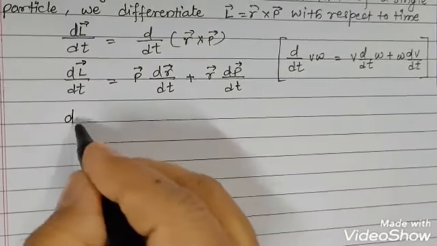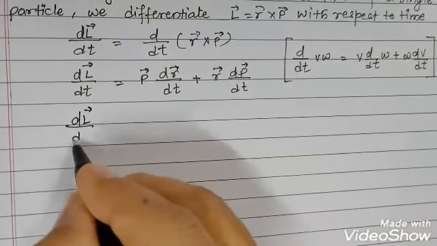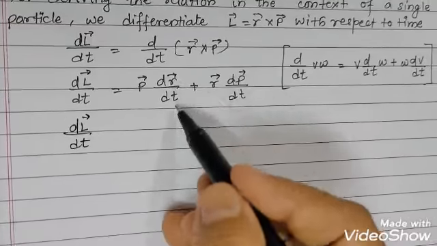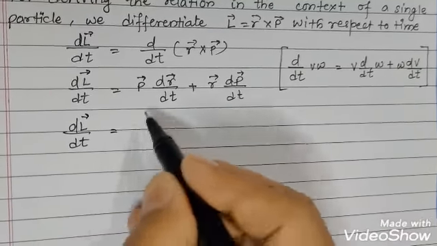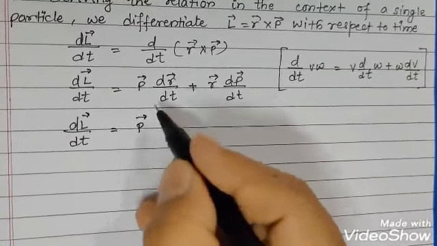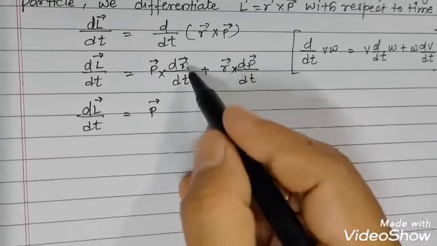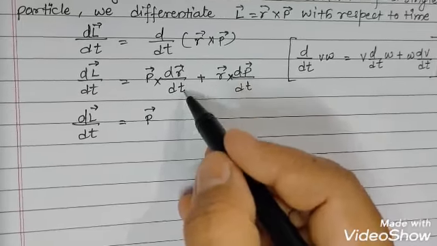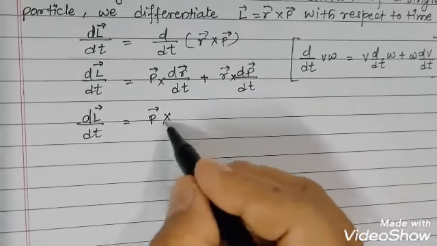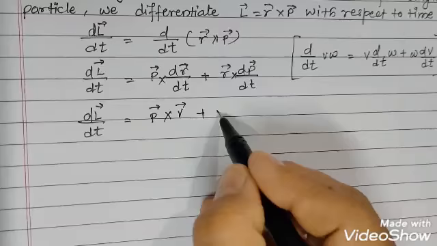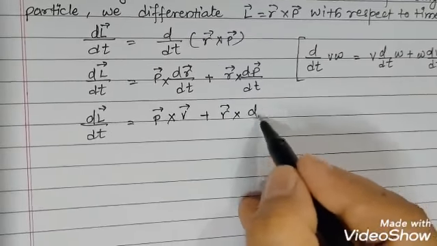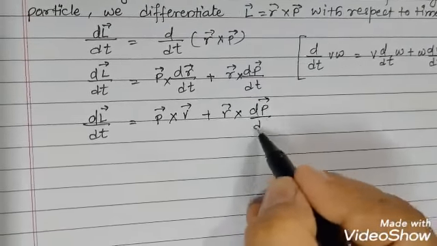So now you will observe dL upon dt is equal to dr upon dt cross p, plus r cross dp upon dt. This dr upon dt we can write as v.